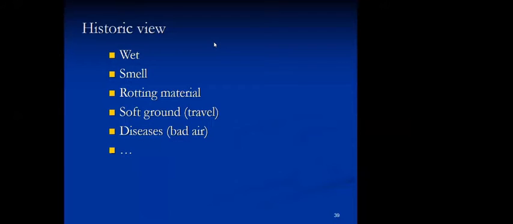Maybe most of you, except a few, what is wetland? They think it is wet, will be smelly, or it may be rotten material, or soft ground, difficult to move around, and it is breeding for diseases and bad air. That is what the majority of society thinks about wetland. And some of the participants also think like that.